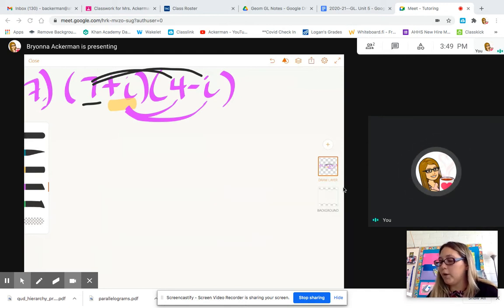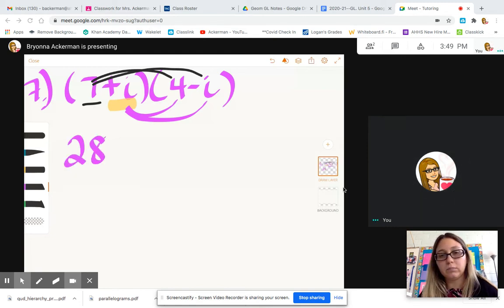And so we're going to do 7 times 4 first, and that's where FOIL comes in. You can follow the acronym FOIL, which is first, outer, inner, and last, if that helps you. Or you can just know that you need to multiply all 4 of these. So 7 times 4 gives me the 28.